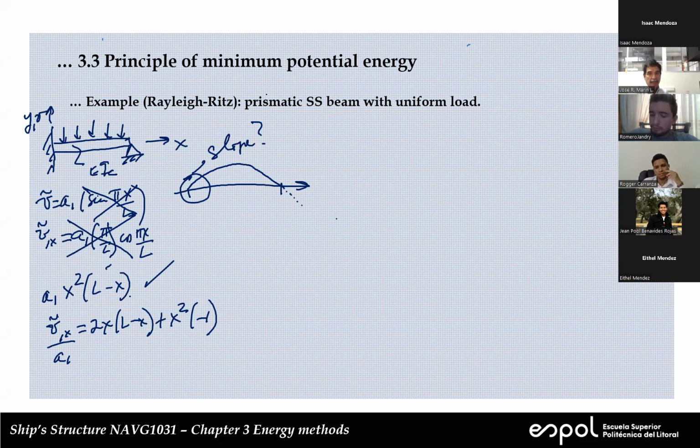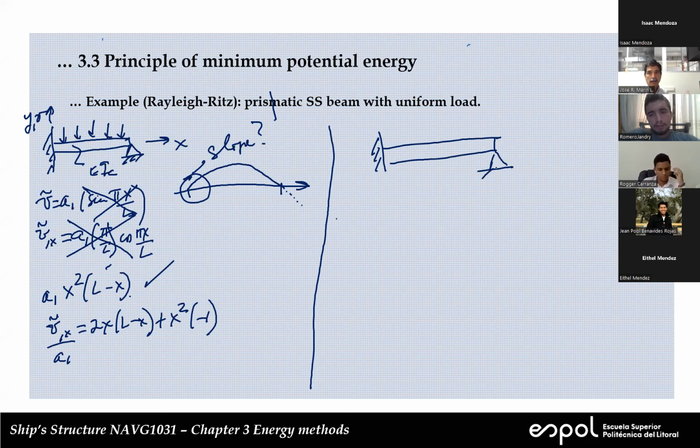And what would happen in this case, for example? Let's suppose that we have something like this and like this. We can use this function to approximate it.